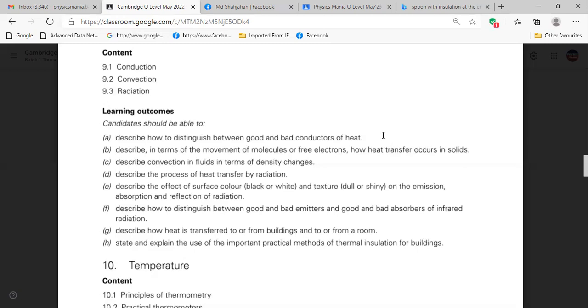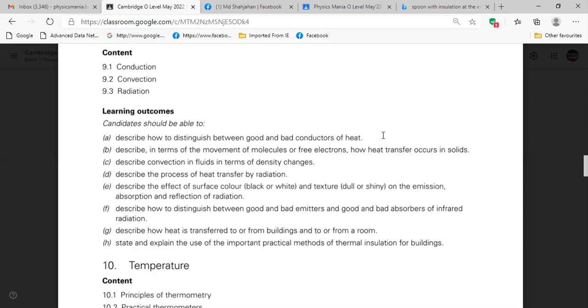We are dealing with thermal physics now. That's why our definition will be in terms of thermal energy, or heat. So, how can we define good conductors of heat?